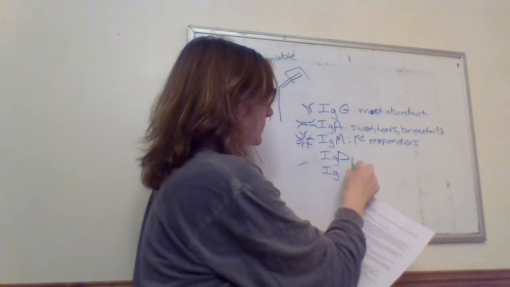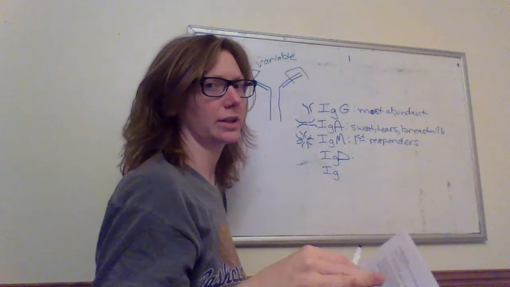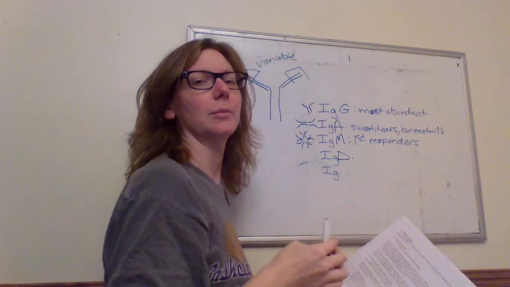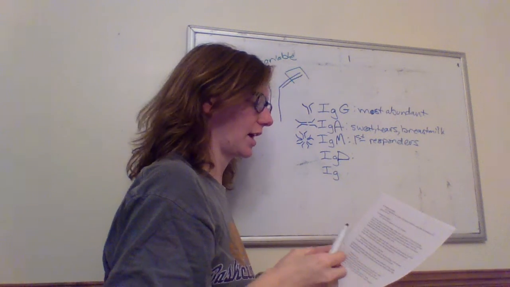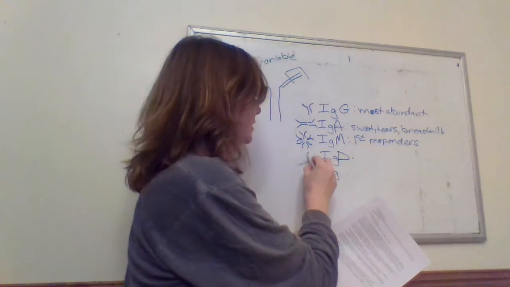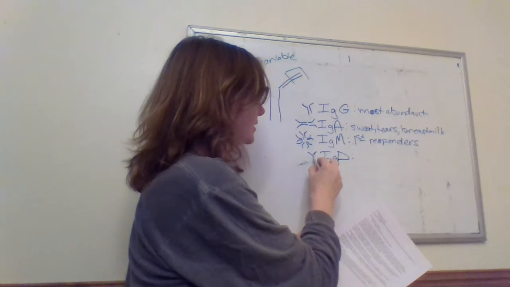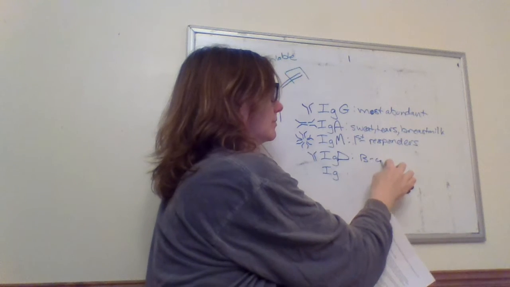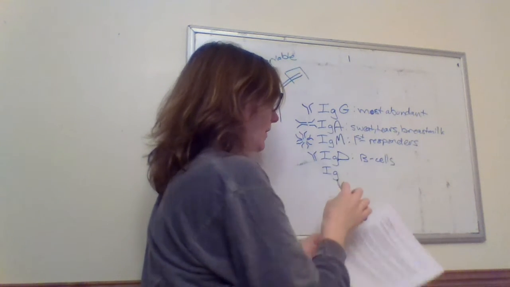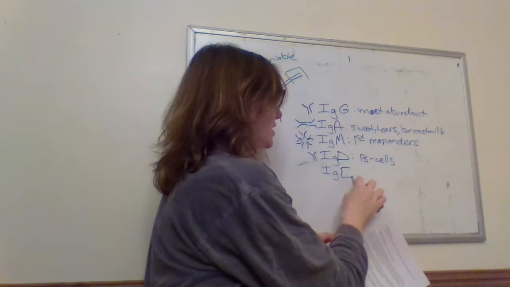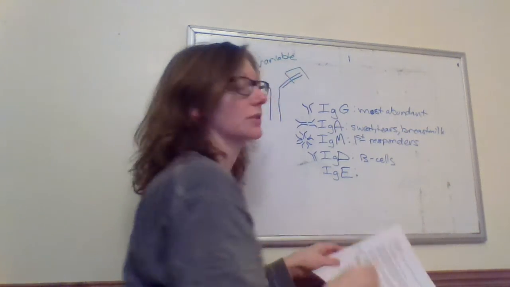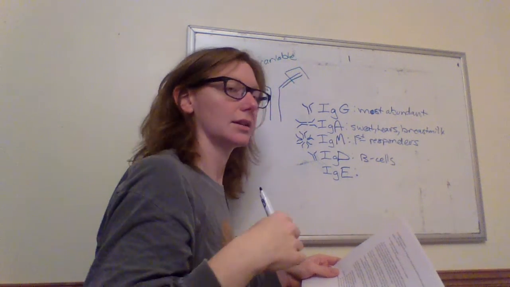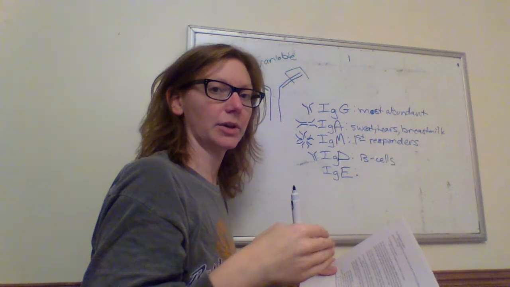IgD, these are really small, I think less than 1%. Most of the places you find these are actually as initial receptor sites on B cells. And then finally we have IgEs, which are an even smaller proportion as far as percentage of antibodies in the blood.